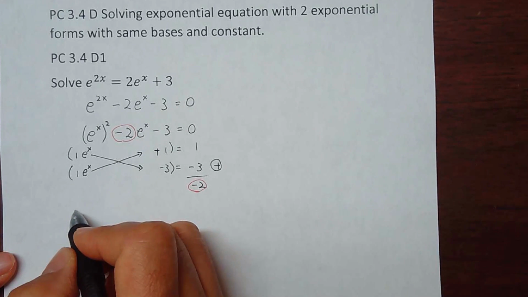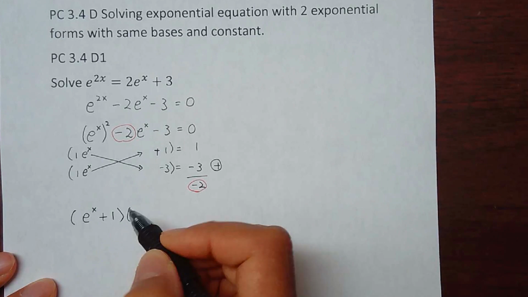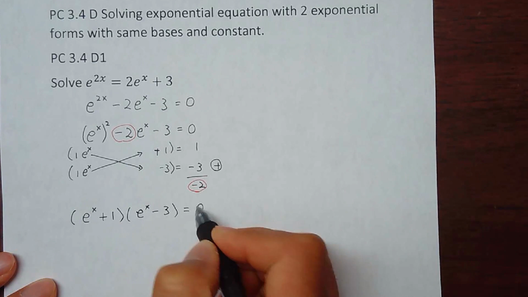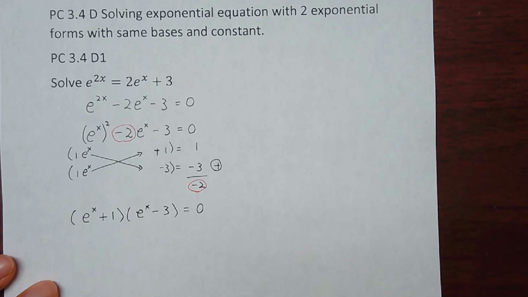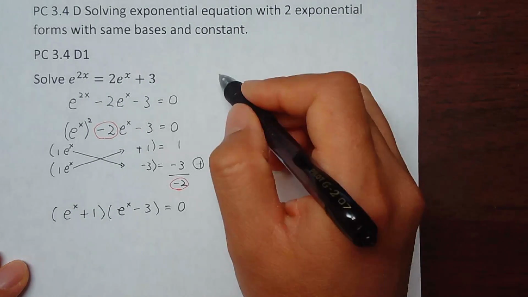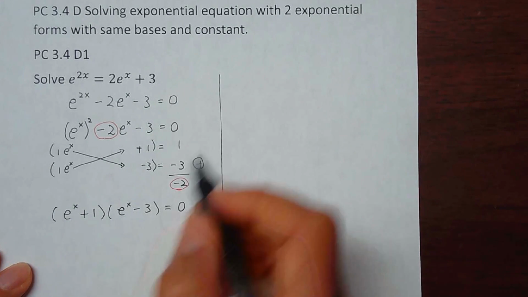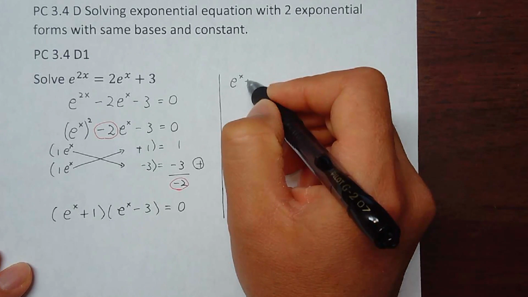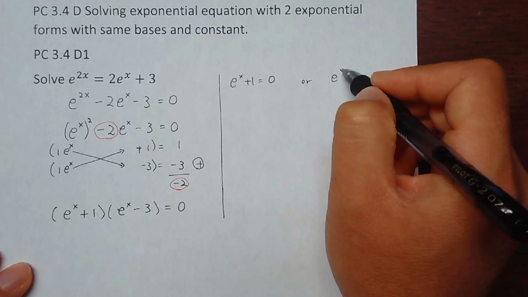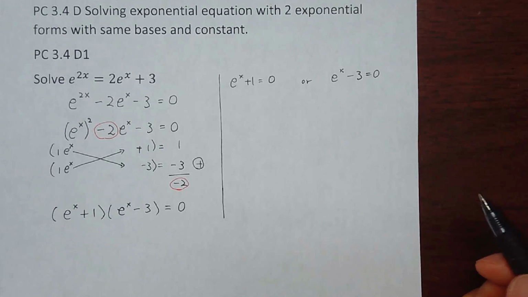So here's the factored form: parenthesis e to the x power plus 1, parenthesis e to the x power minus 3, equal to 0. You just continue: e to the x power plus 1 is equal to 0, or e to the x power minus 3 equal to 0. You're solving for x for each equation.